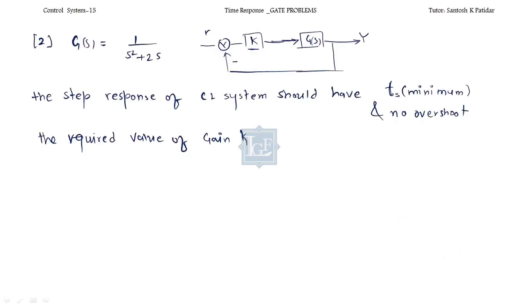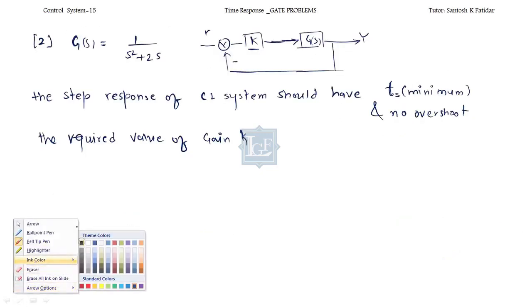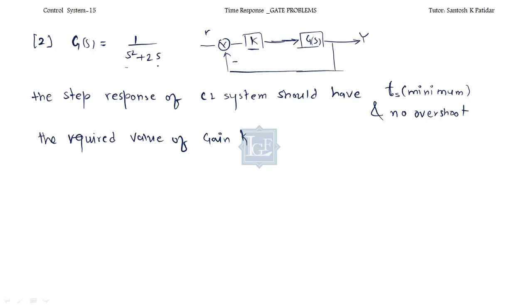Okay. So let's come to the second problem, and the problem is G(s) is given over here. This is s squared and this is 2s. Okay, this is a 2 marks problem. GATE 2017, 2 marks. Here the system block diagram representation is given: K in series with, or cascade with, G(s), Y, like this.